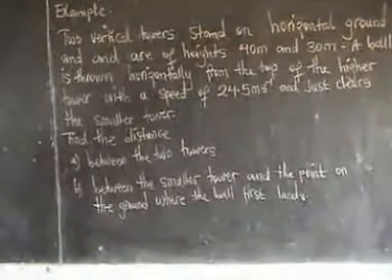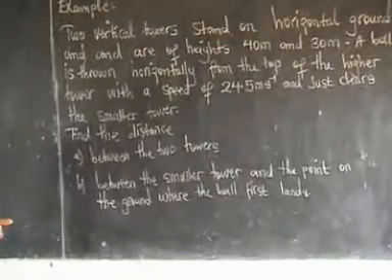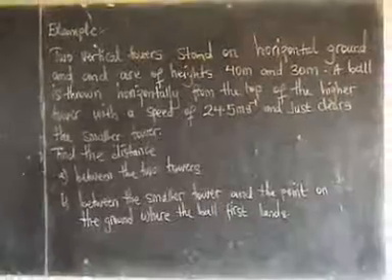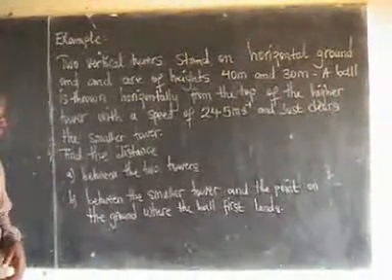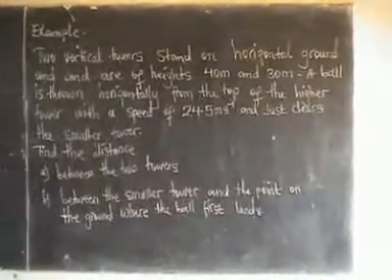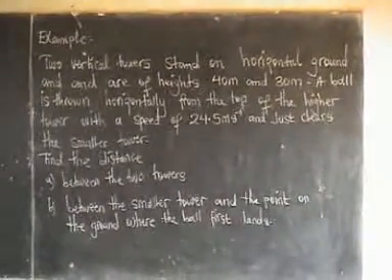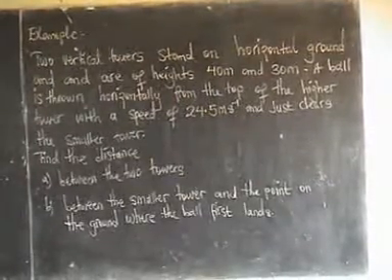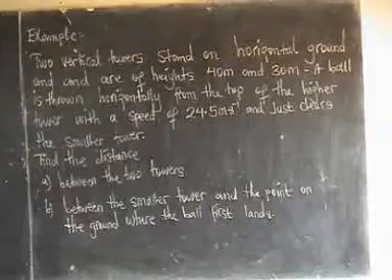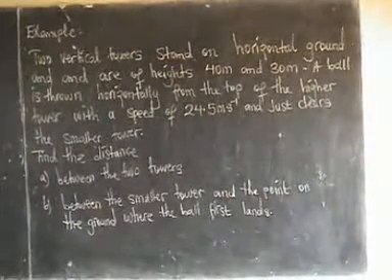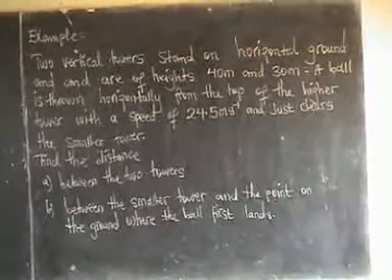Find the distance, part A, between the two towers, part B, between the smaller tower and the point on the ground where the ball first lands. So you have to first read through the question, interpret it, and then come up with a simple sketch that will help you to solve for what is being asked.